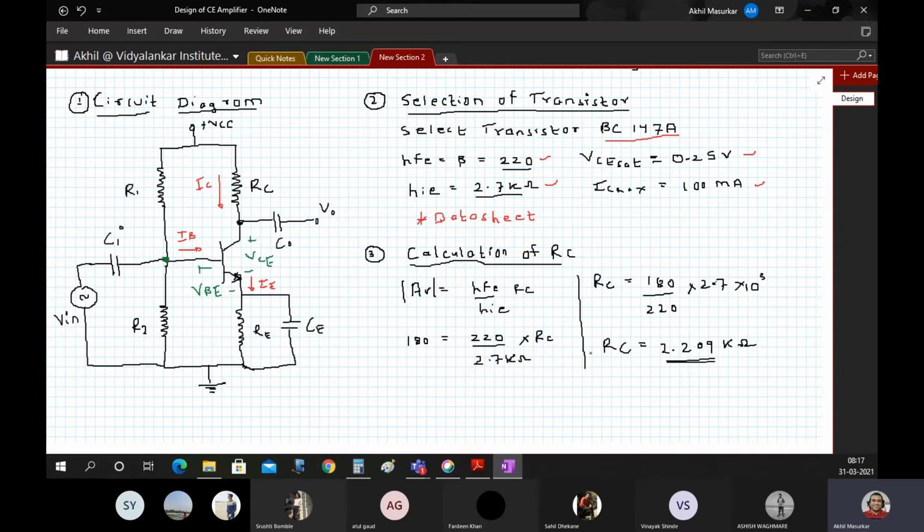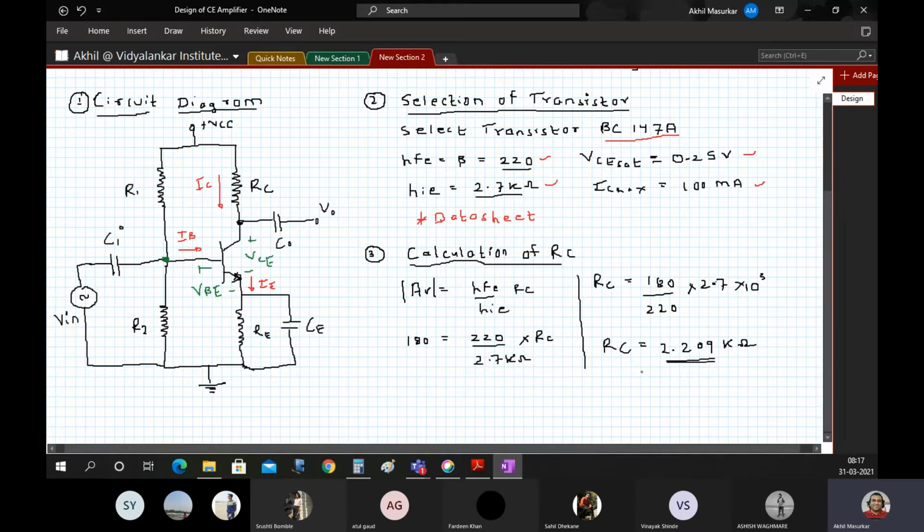They have either 2.2 or 2.5. So what we can write here is: select RC is equal to 2.5 kilo ohms, and in brackets I will write standard.